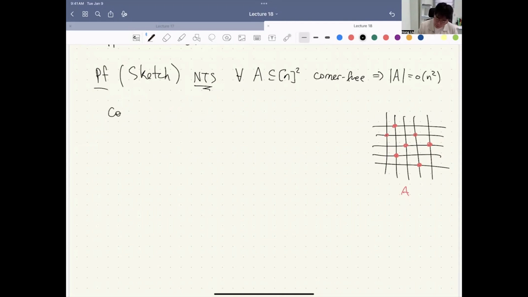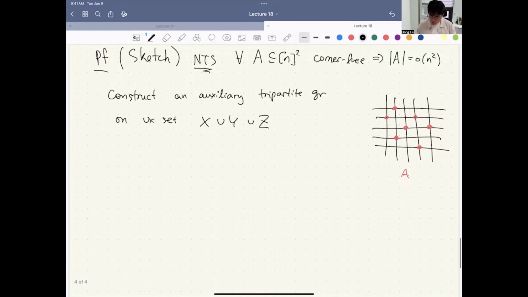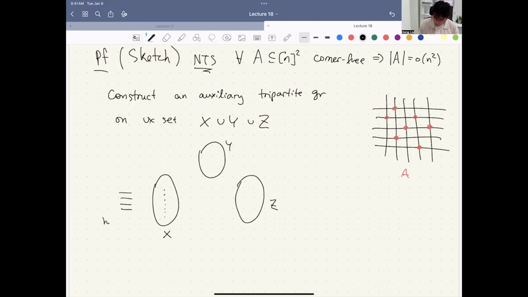We construct the auxiliary tripartite graph on vertex sets X, Y, Z. So what's X, Y, and Z? 3 parts, where the vertices in X are all the horizontal lines in the grid.